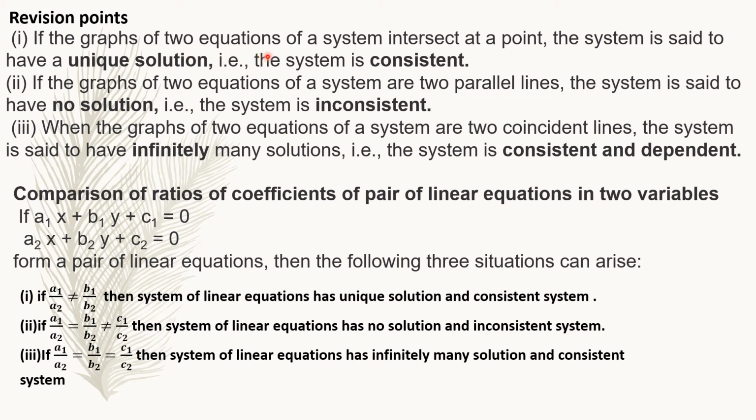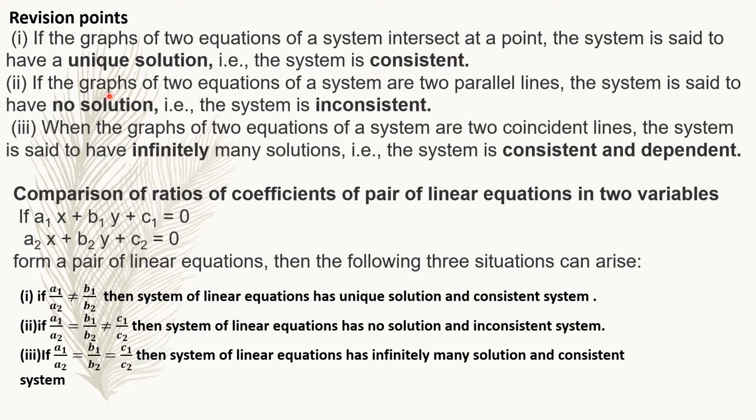When these two straight lines intersect at a point, we say that the given system of linear equations has a unique solution, meaning only one solution, and we say that the system is consistent.